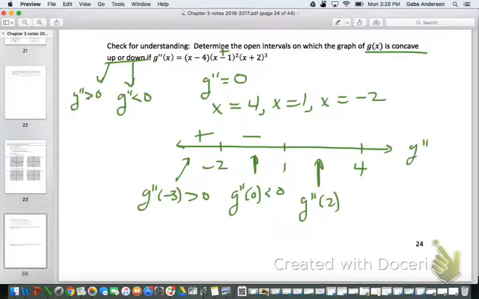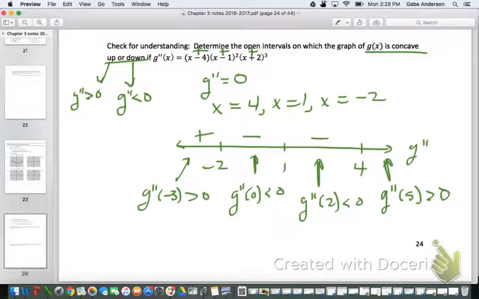So I do plug in that 2. I'm going to get a negative, a positive, and a positive. So once again, we're negative there. If you understand multiplicity, you were maybe expecting that. And then finally over here, maybe we try g double prime of 5. So g double prime of 5 is going to give us a positive, and a positive.